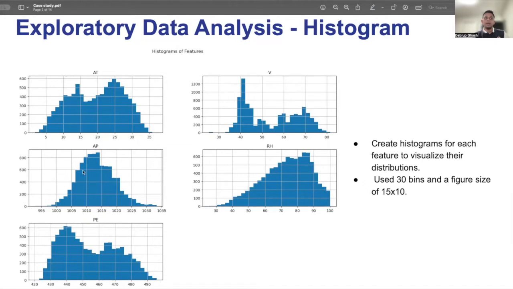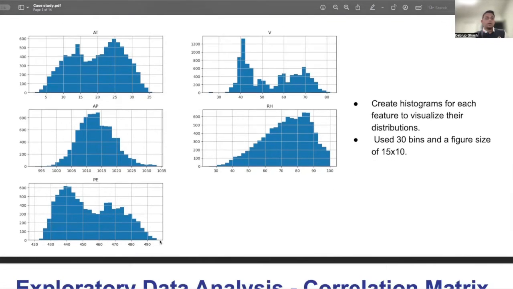AP is quite interesting. It's almost a bell curve. And then relative humidity as well is a skewed bell, more toward the 90th percentile. And then the target variable, the PE, again has two peaks, but this is really all over the place.